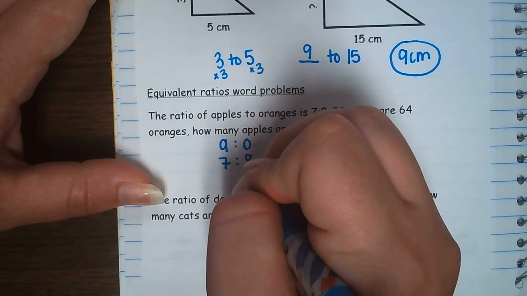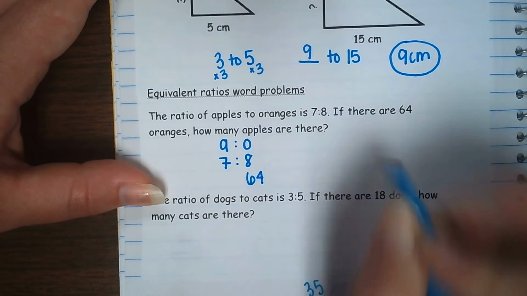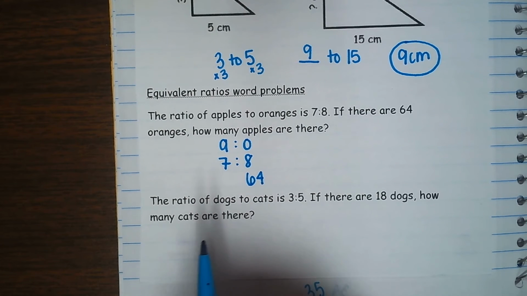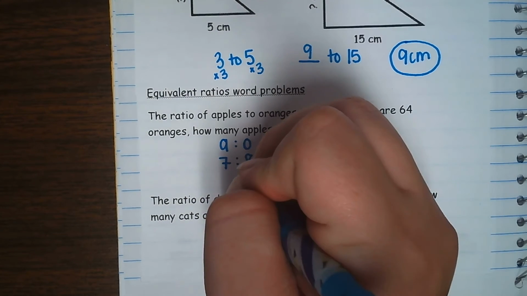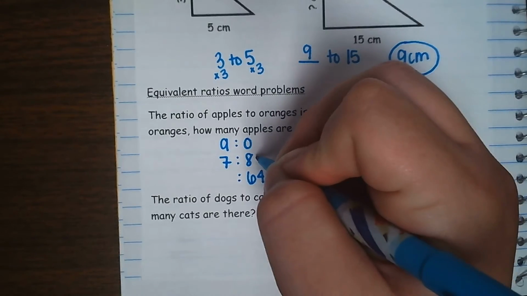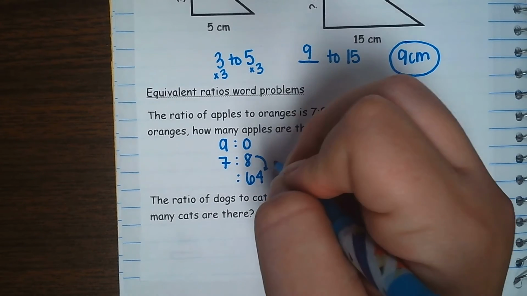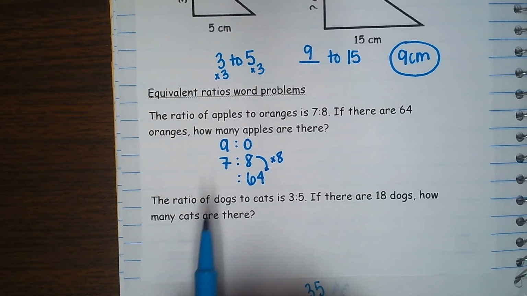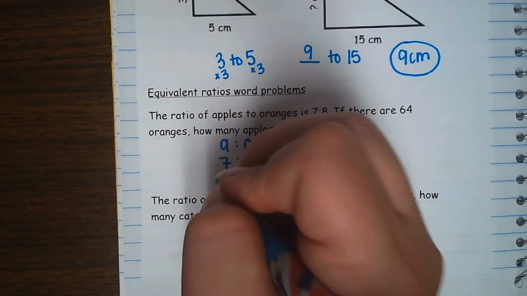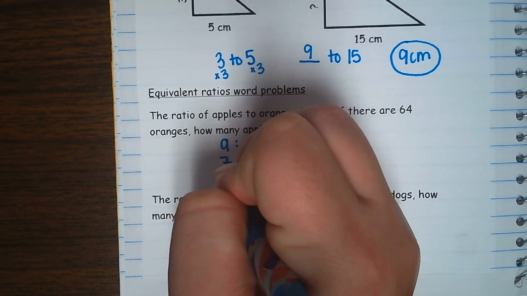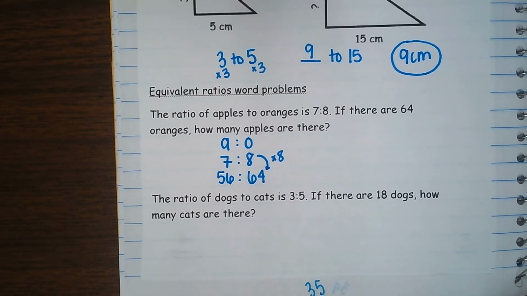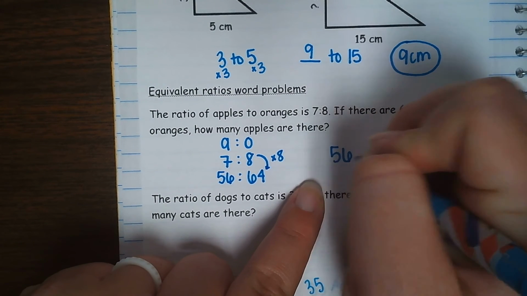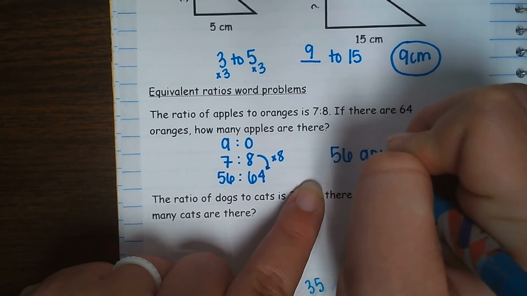If there are 64 oranges, so we're just staying in the orange column, how many apples are there? Well, I know to get from 8 to 64, I multiply by 8. So 7 times 8 would give me 56. So how many apples? There are 56 apples.